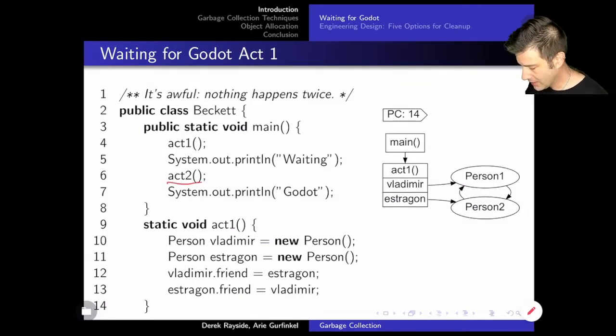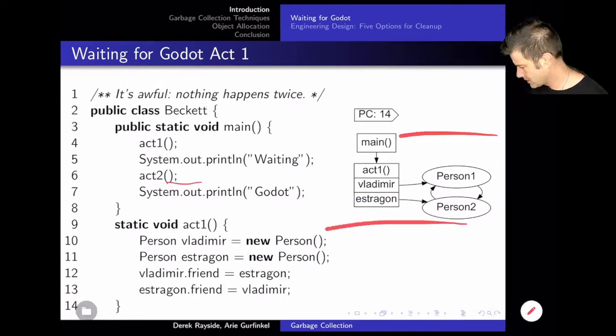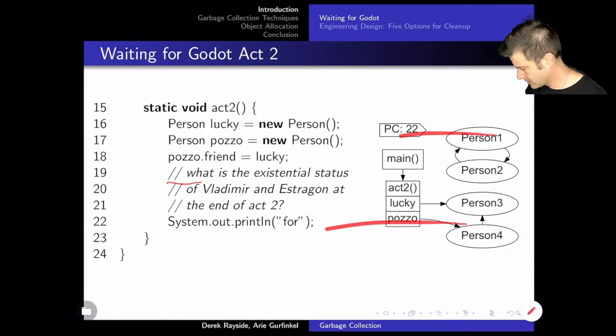Then we're going to go into act2. In act2, we have two new players, Lucky and Pozzo. They're also persons, and Pozzo is a friend of Lucky. There's no other direction.